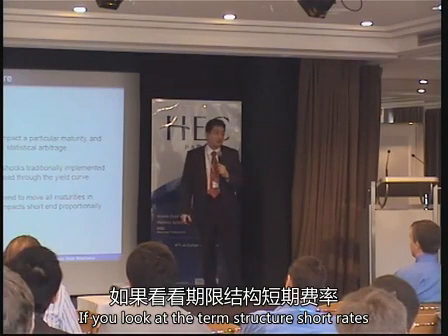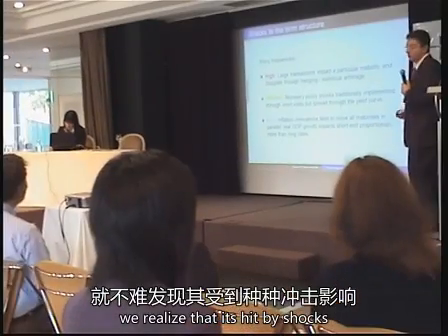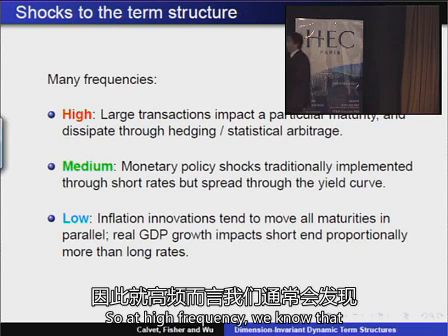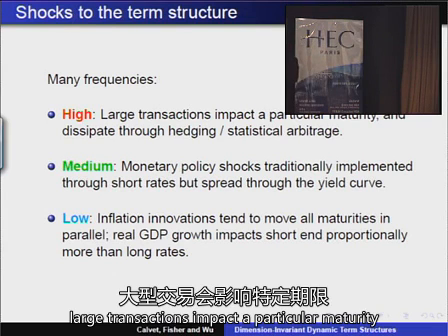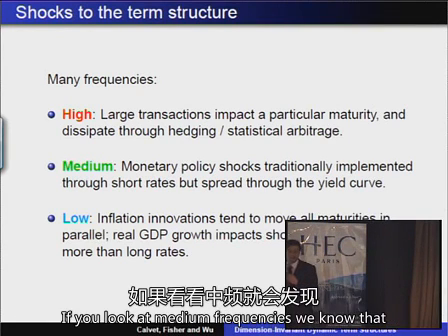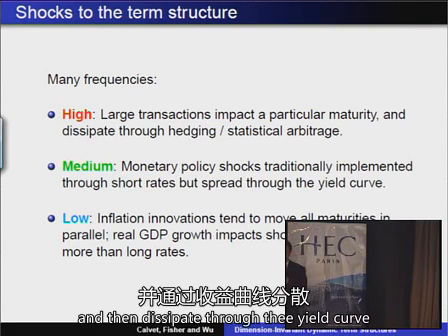If you look at the term structure of interest rates, I think we realize that it's hit by shocks that have many different degrees of persistence. At high frequency, we know that large transactions impact a particular maturity and tend to dissipate through hedging or statistical arbitrage. At medium frequencies, monetary policy shocks tend to be implemented through short rates and then dissipate through the yield curve.